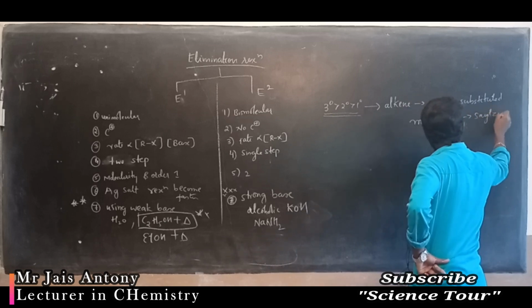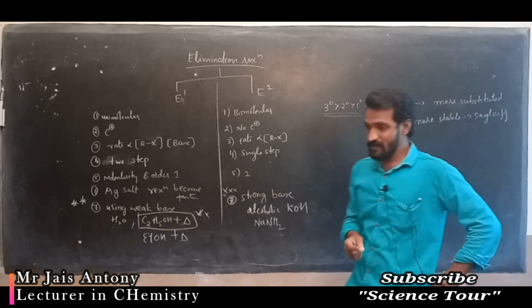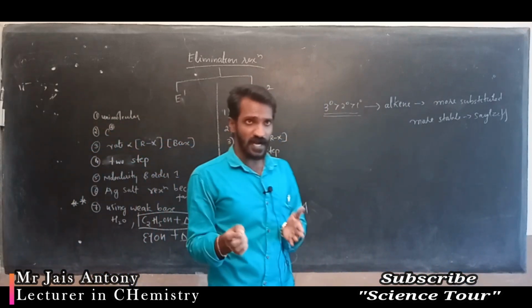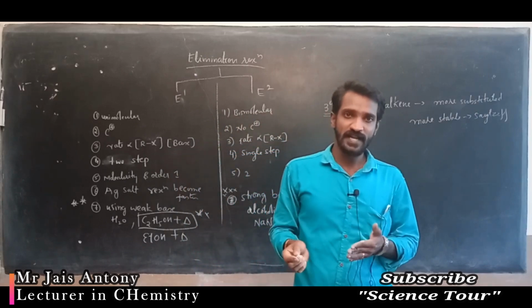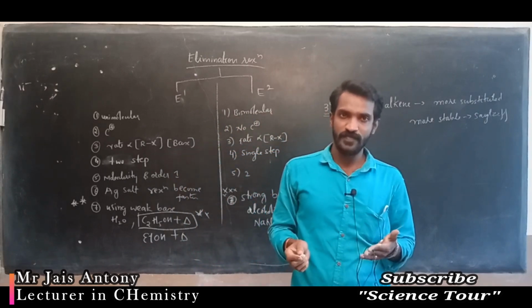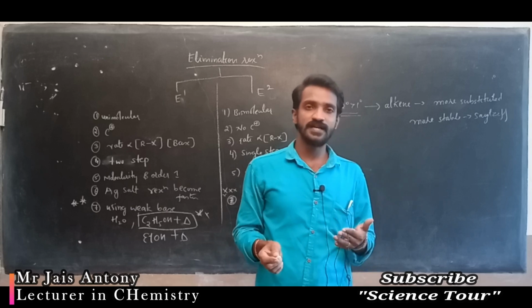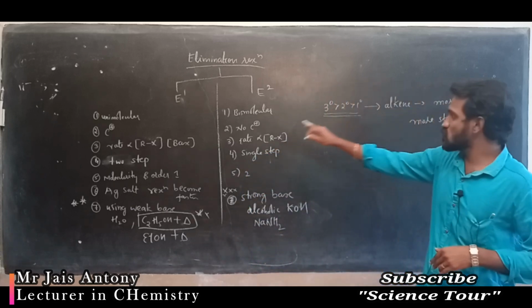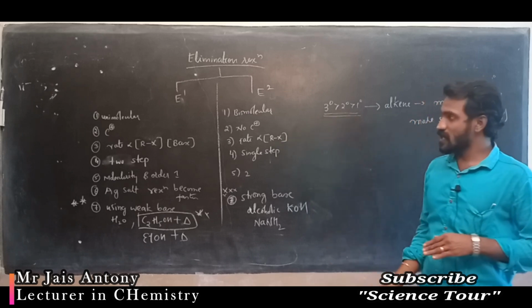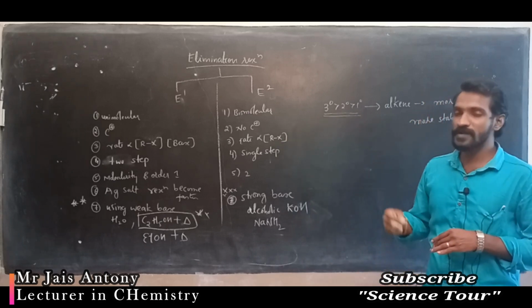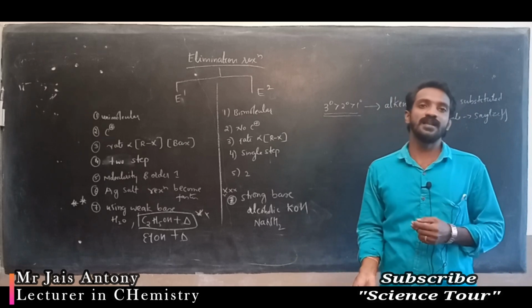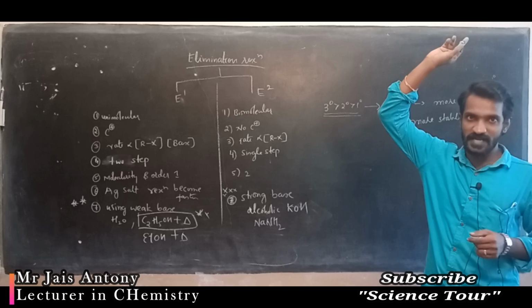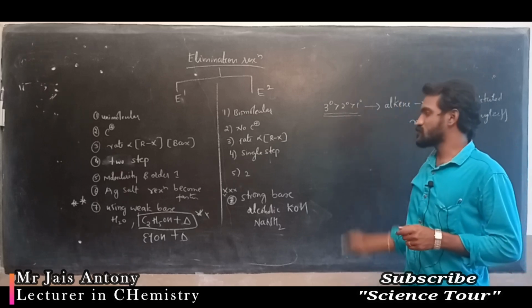Once you go through the Saytzeff rule, the major product you get is the more substituted alkene, which is more stable, and the less substituted alkene is less stable, the minor product. So in these two cases, tertiary alkyl halide is more reactive because it gives more substituted alkene. Understood? But in SN1 and SN2 it's the reverse. Understood? Okay, note down this point.